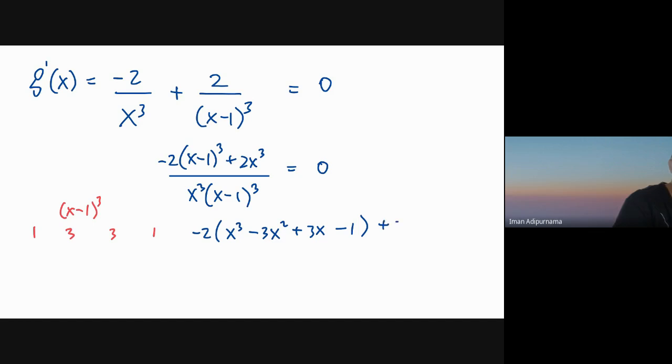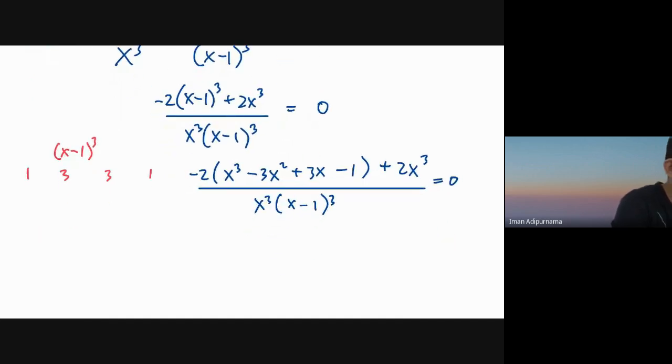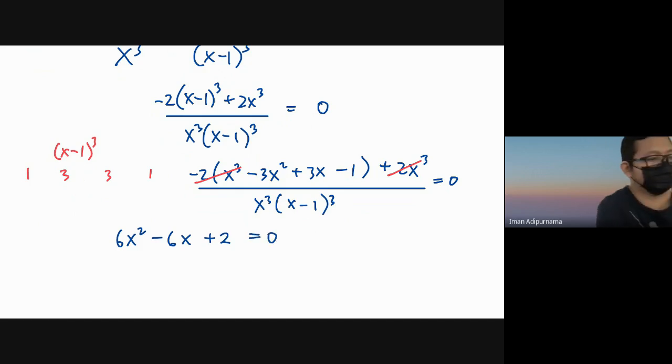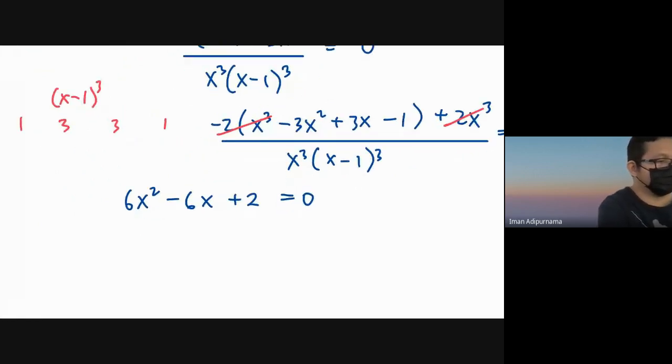And then plus 2x cubed. Okay, and then we can cancel this, and we get 6x squared minus 6x plus 2.